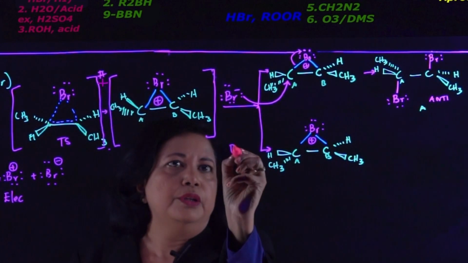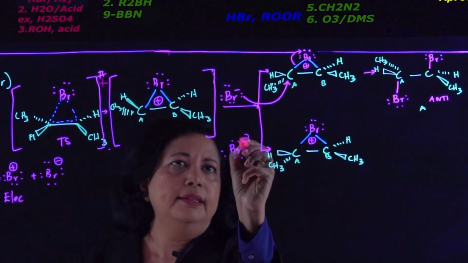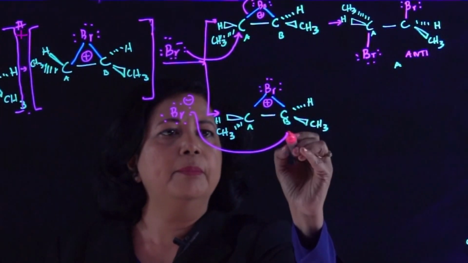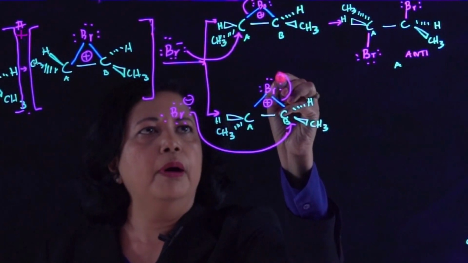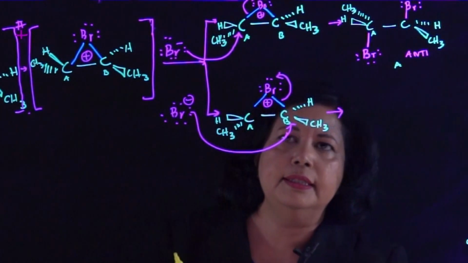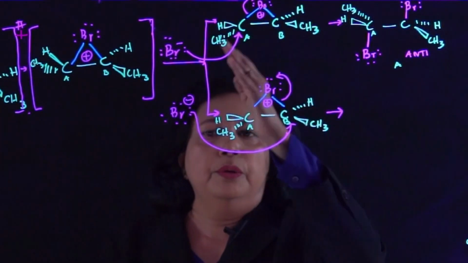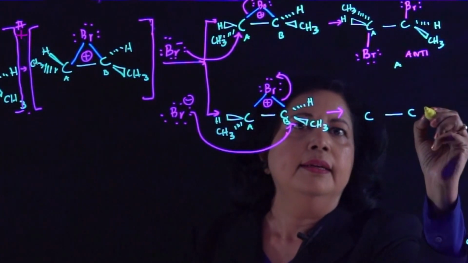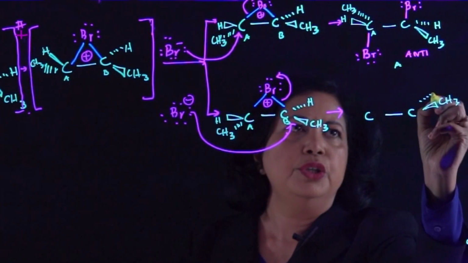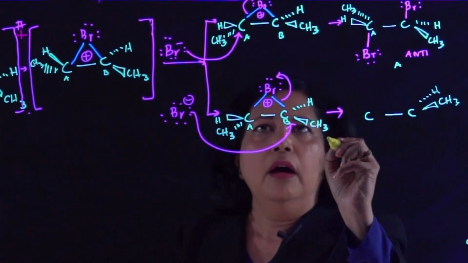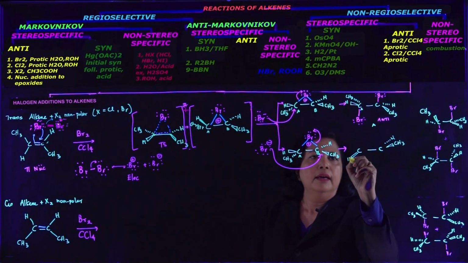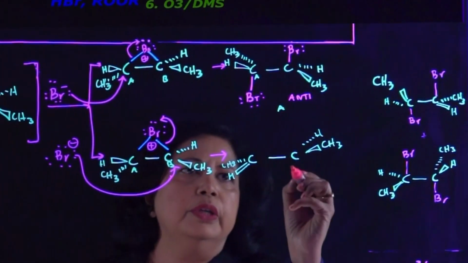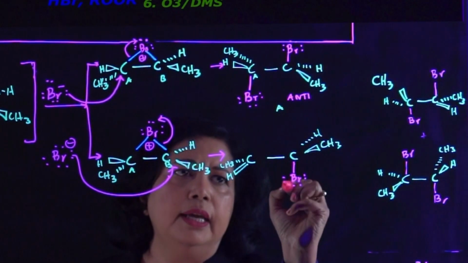Now over here, you can see that this could happen again on this B carbon. And again, I'm just going to draw a Br minus attacking that, and the lone pairs go in and give electrons into this C-Br anti-bonding orbital here, and it's going to pop that open in the same direction as that orbital, and you are going to get anti-addition on B. So here your methyl and your hydrogen are going to be on opposite sides, just like they are on your starting material, because the stereochemistry is preserved throughout the entire reaction.